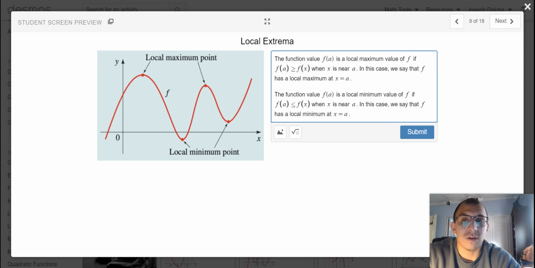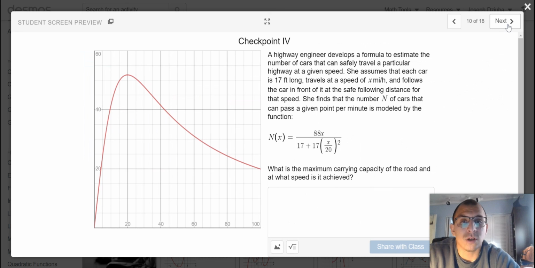More or less, we're looking for these curves within a function that occur once we start working with quadratics and cubics and anything that has a degree of 2 or higher. Sometimes functions have multiple maxima, multiple minima, sometimes they have one, sometimes they have none. But once again, we're looking within an interval.